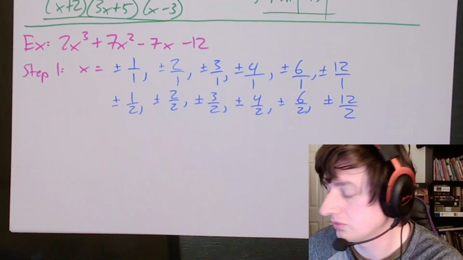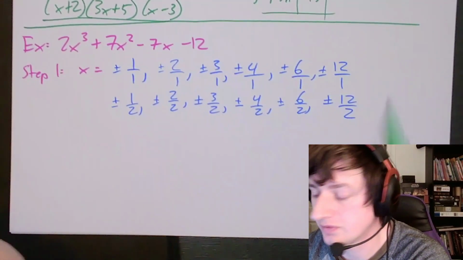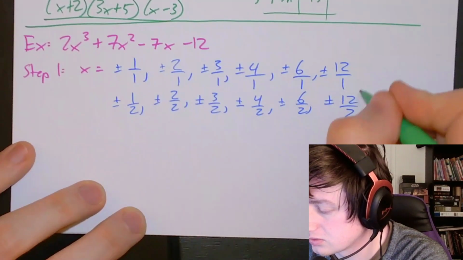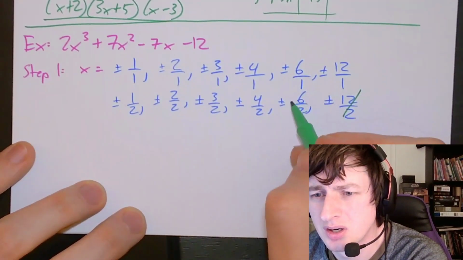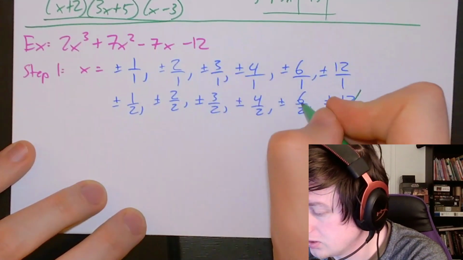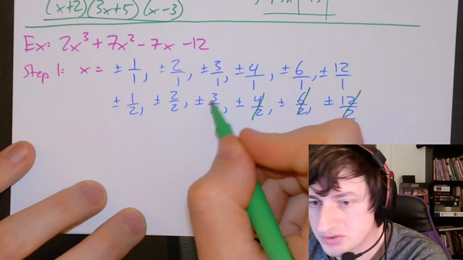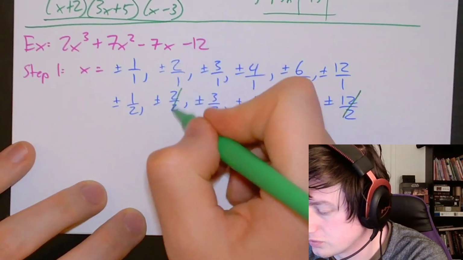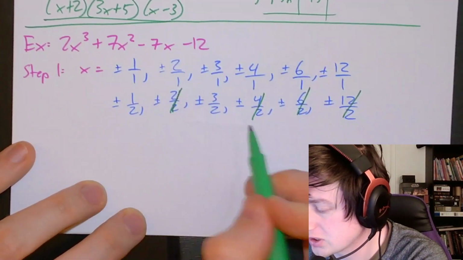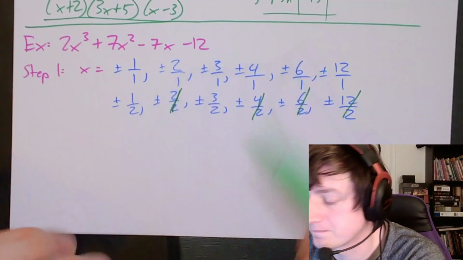And there are repeats, right? 12 over 2 divides to make this 6. We don't need to check that one because it's right here. 6 over 2 divides to make the 3. 4 over 2 divides to make the 2. 3 over 2, that's just a fraction. And 2 over 2 divides to make the 1. So we don't have to check those ones. Here there are only the 2 fractions.